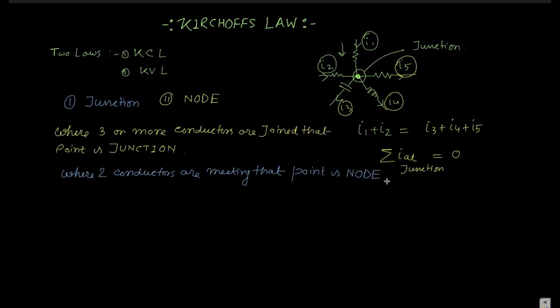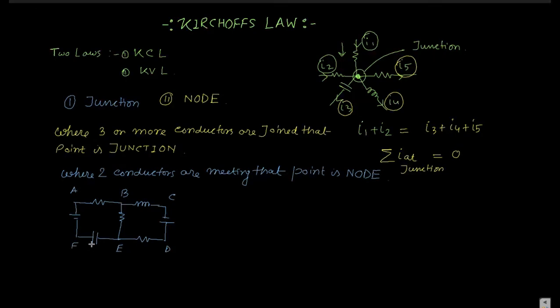Did you understand? If this is a basic electrical circuit, where capacitor, inductor, resistor, all these things are present, you can name the points A, B, C, D, E, F like this.